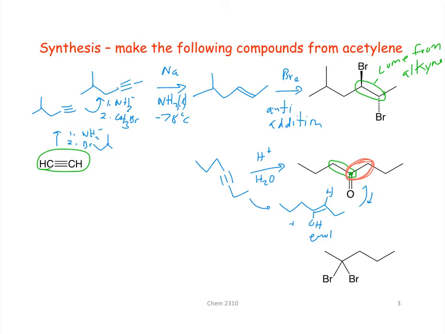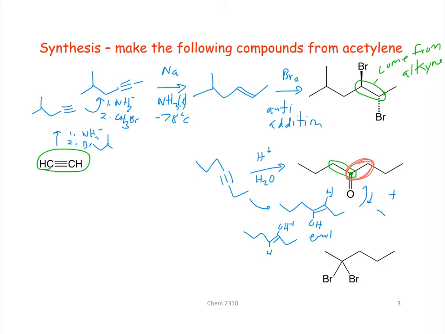Well, yes, because the OH could add to the other side of the alkyne as well. Alright, so we could also get this enol. And what's that enol going to give us when it tautomerizes?